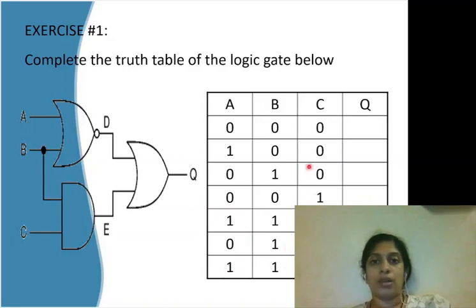And we have 8 possible combinations, that is 2 raised to 3, which is equal to 8 possible combinations we have written. And while giving these inputs to these gates, what will be the final output? You have to fill it in this column. I think you will have taken down this circuit. So do it.